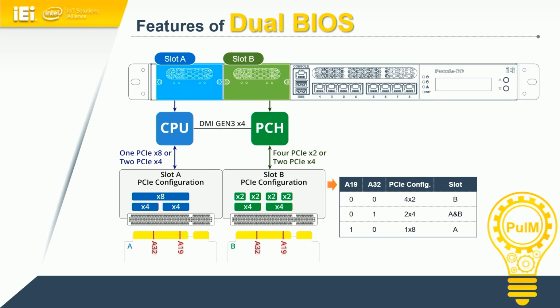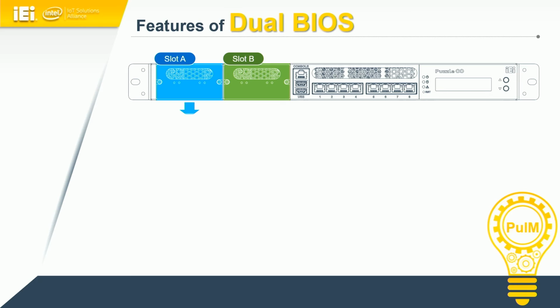Because the PCIe configuration is different, for slot B, the user can use BIOS to switch between 2 PCIe by 4 and 4 PCIe by 2, so that slot B can support PulM small cards such as i211 and appliance cards.